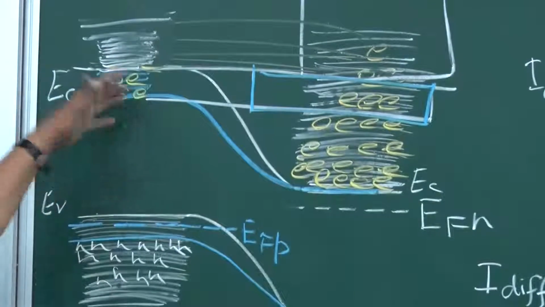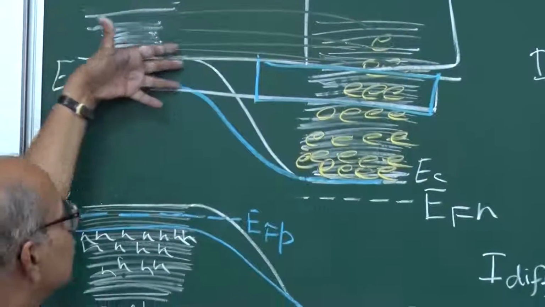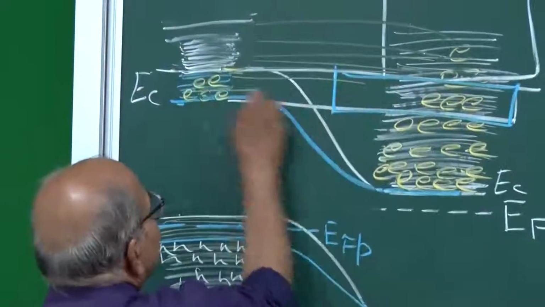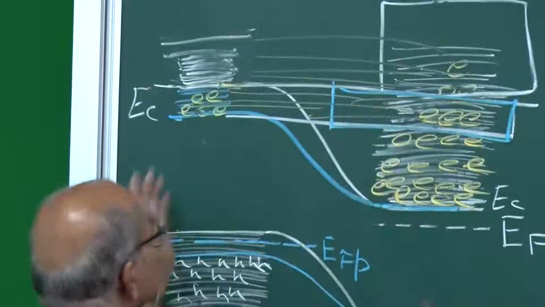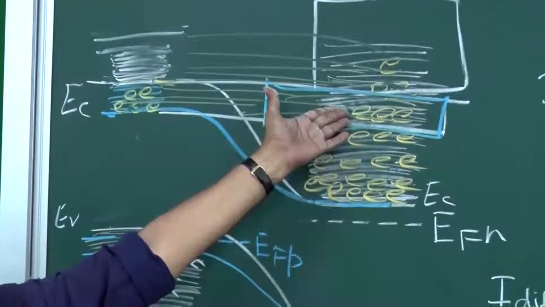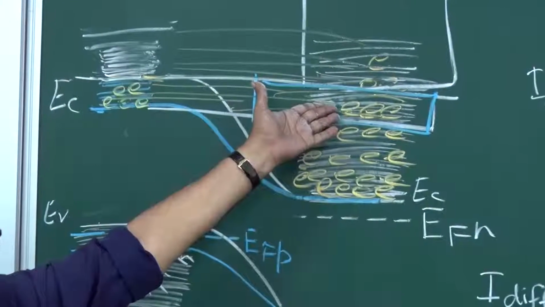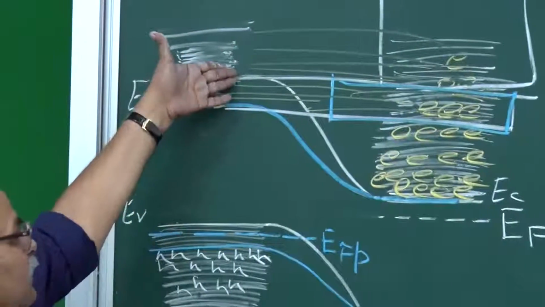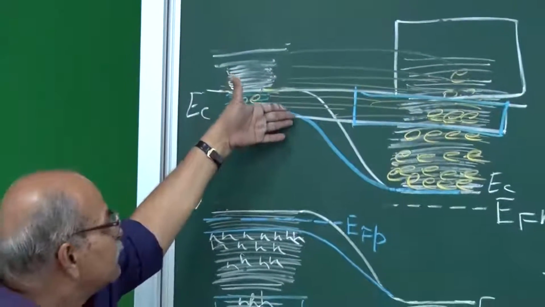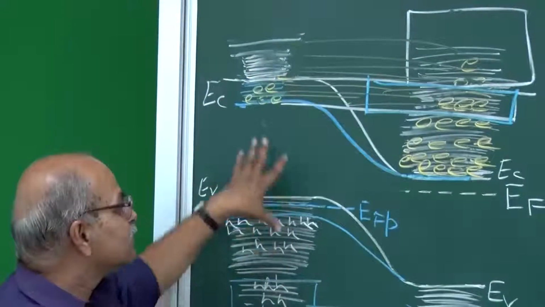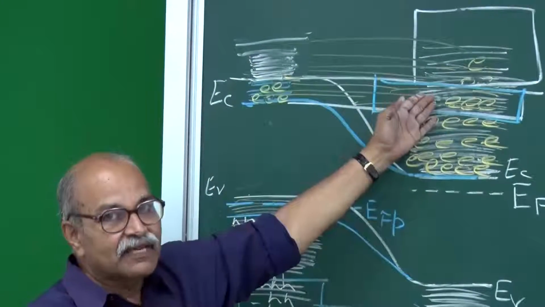If the electric field pushes these electrons to this side, there is no problem. You have quantum states all over here, and therefore they can go in the same fashion. So for drift of minority carriers, this change in the potential barrier or energy barrier, or shift in this band, is not going to affect it.